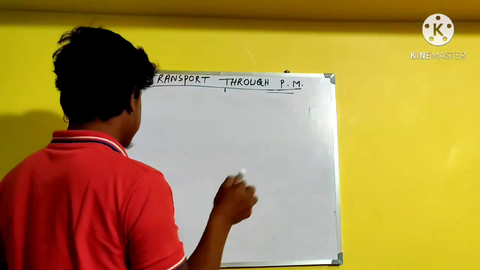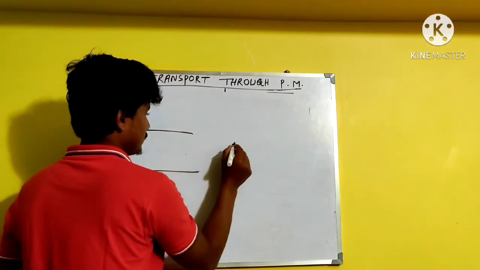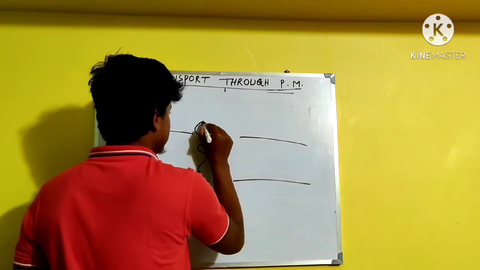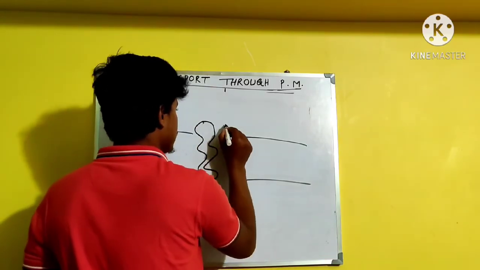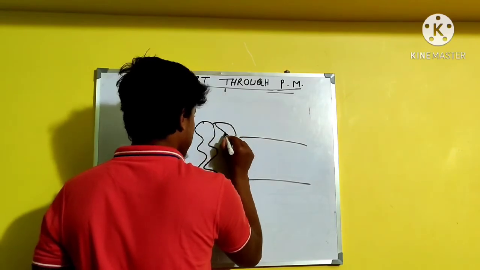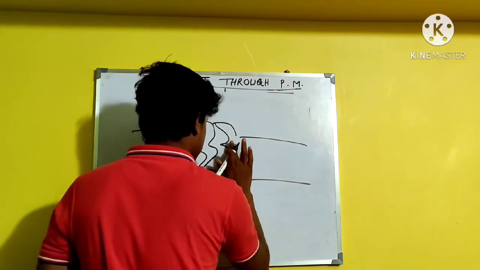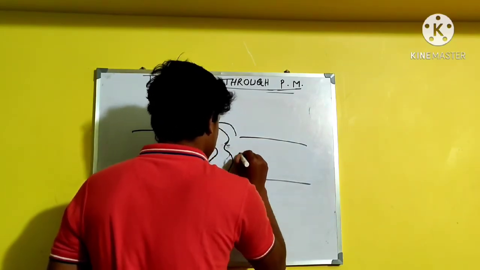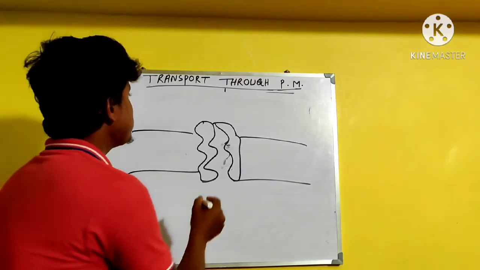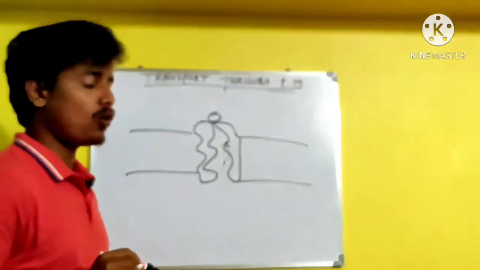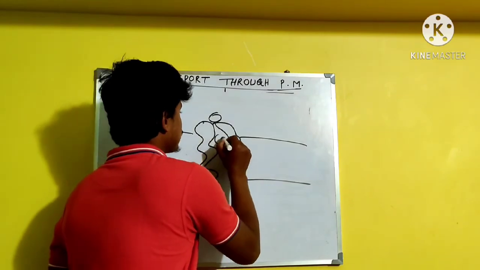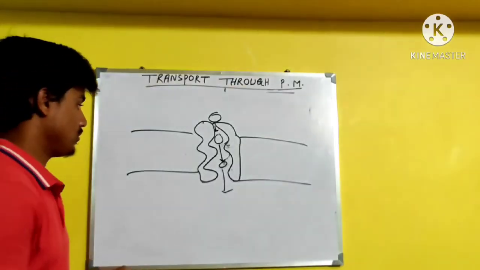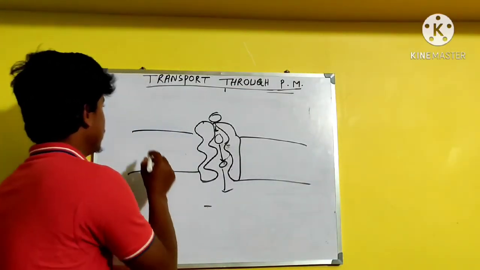Ligand-gated ion channel. What actually happens in the ligand-gated ion channel? When a ligand binds at this point, the ligand comes to the inner side.